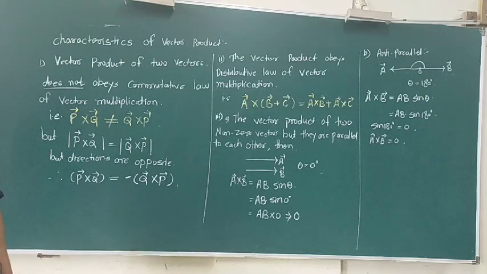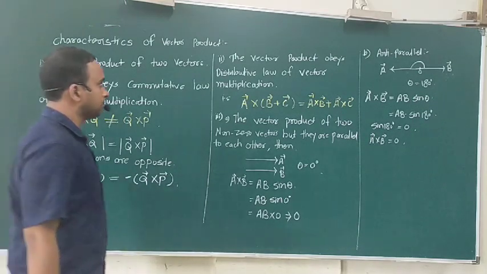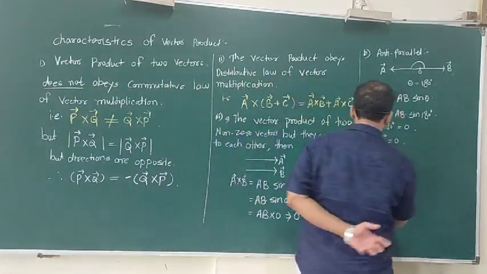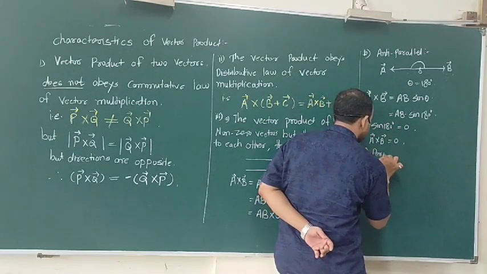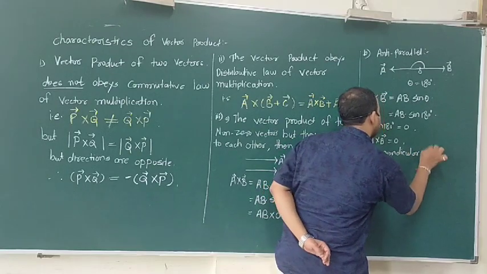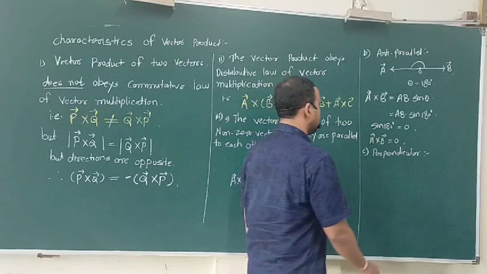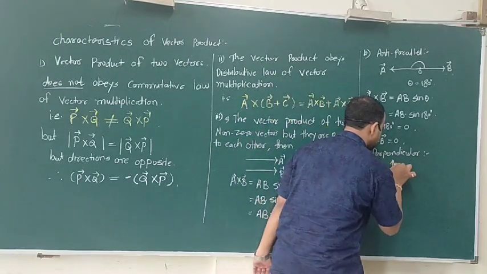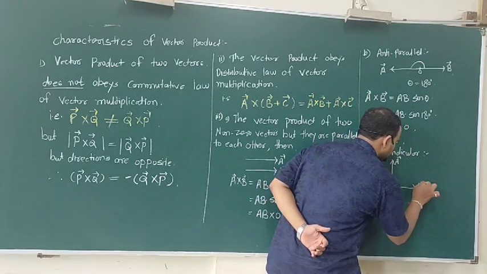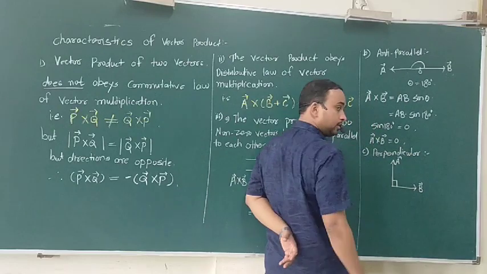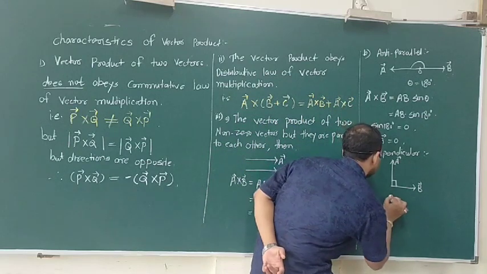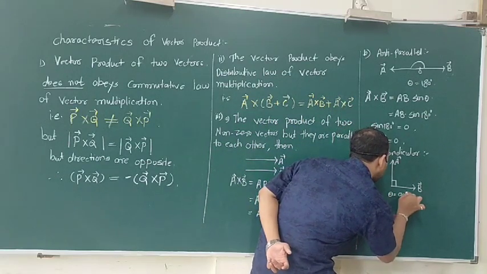Now third one. If the two vectors are perpendicular to each other, that means suppose this is the a bar, this one is b bar, angle between these two vectors is 90 degree. So here theta is equal to 90 degree.